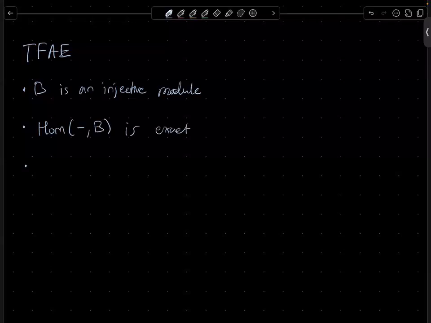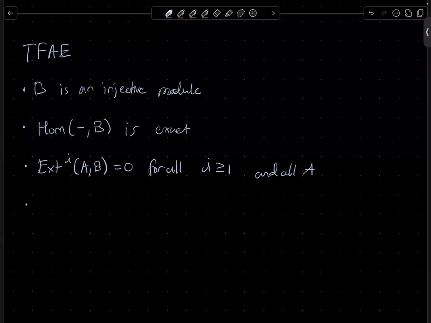What else? Again, I'm going to mention this Ext group. We'll calculate it shortly. Ext^i(A, B) is 0 for all i bigger than or equal to 1 and all A. There are a lot of Ext groups.